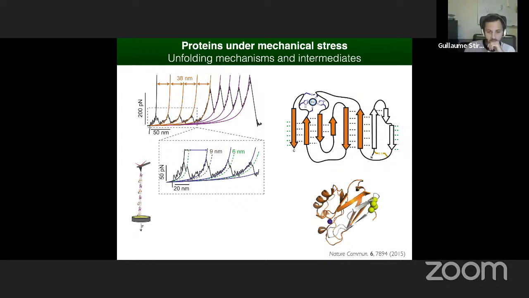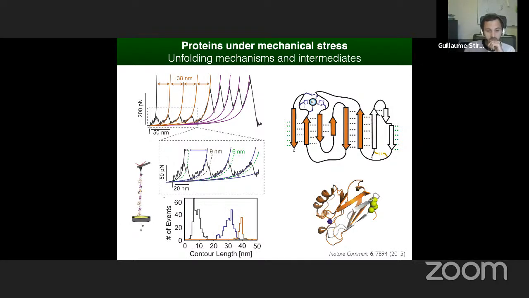And when you plot the distribution of experimental steps and average that over many realizations of the experiments, you get distributions for very short extensions that are quite unexpected, because typically you would see the full extension of the protein, and this is what you see here in the orange distribution. But they also saw intermediates, so the gray and the complementary blue distributions here.